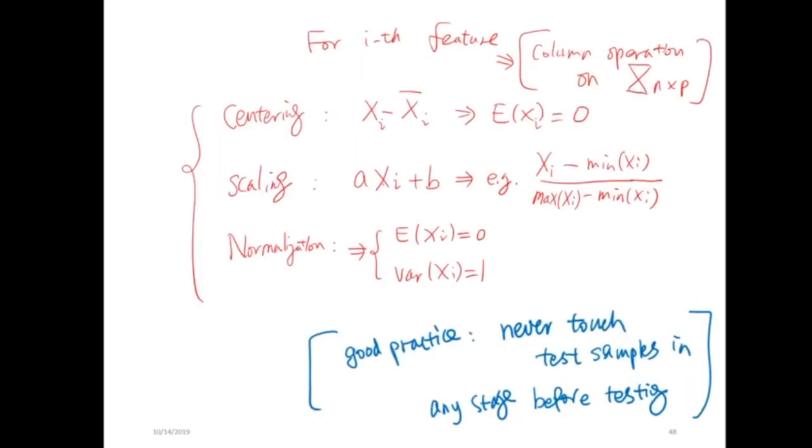There are many different ways. Feel free to read about how to do centering only, which means pushing the mean to 0 but not caring about variance. Or you do normalization, pushing the mean to 0 and variance to 1. Or you only use scaling, through a linear conversion into 0 to 1.